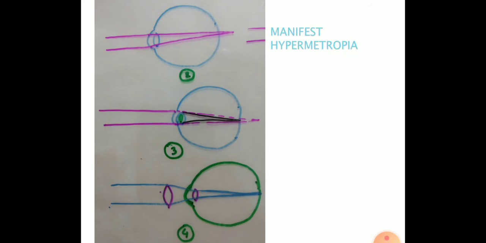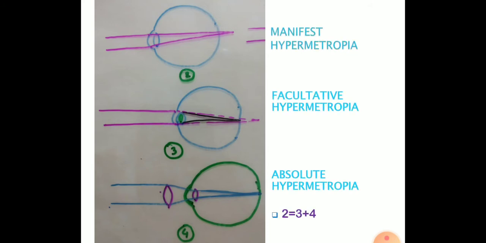It has two parts: one is facultative hypermetropia and another is absolute hypermetropia. What is facultative hypermetropia? That amount of hypermetropia which can be corrected by excess accommodation for distance. And what is absolute hypermetropia? That amount of hypermetropia which cannot be corrected by excess accommodation. That is, 2 is equal to 3 plus 4.